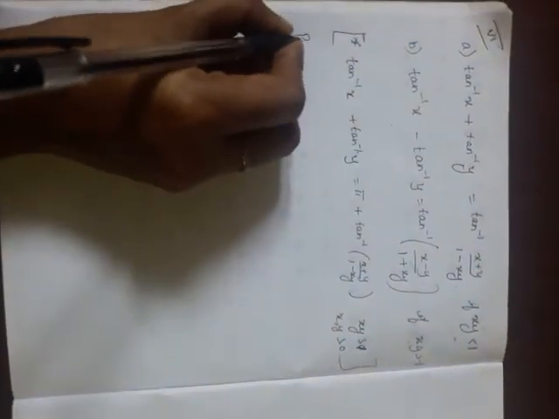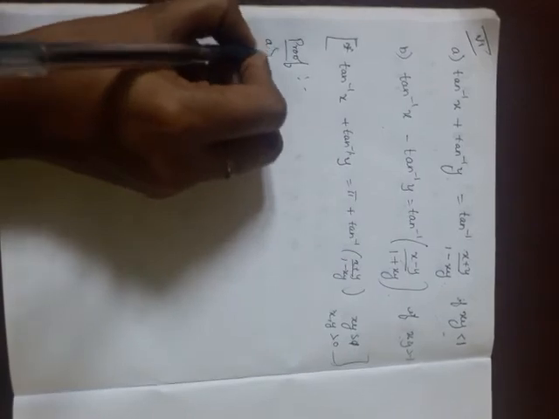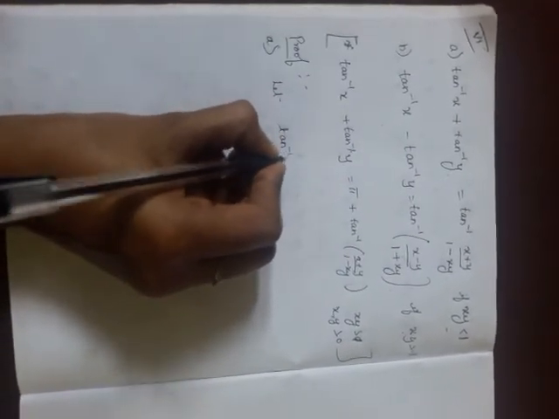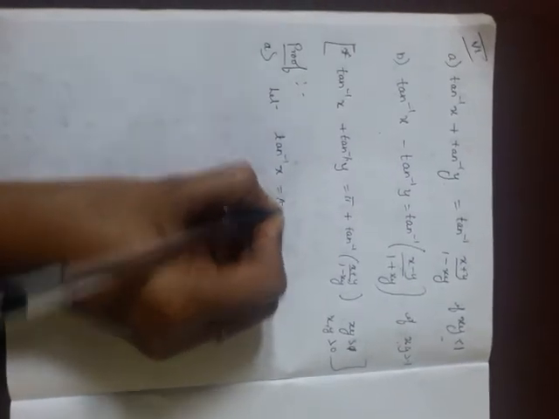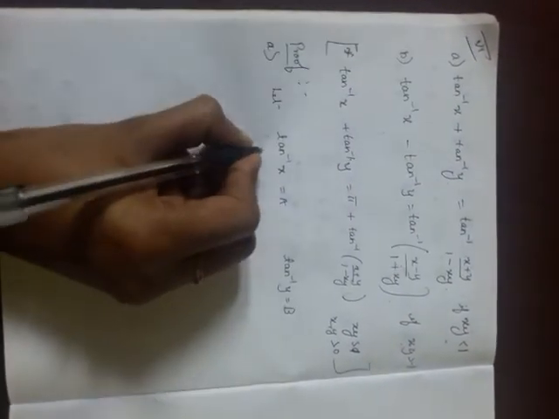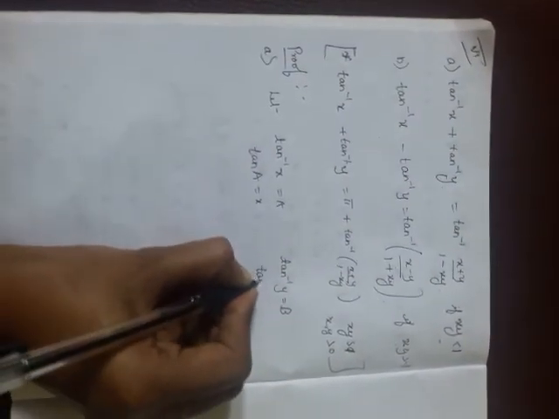Let us give the proof for this one. First one, that is a. Let us take tan inverse of x is equal to a, and tan inverse of y is equal to b. That implies tan of a equals x, tan of b is equal to y. Correct?